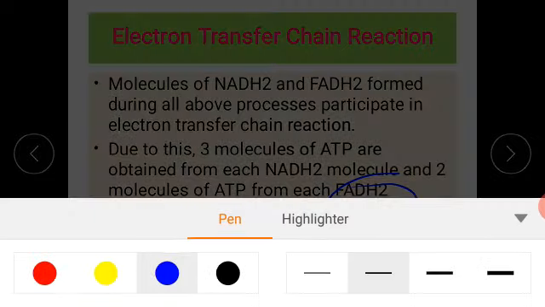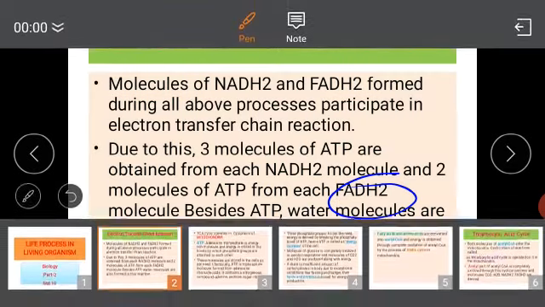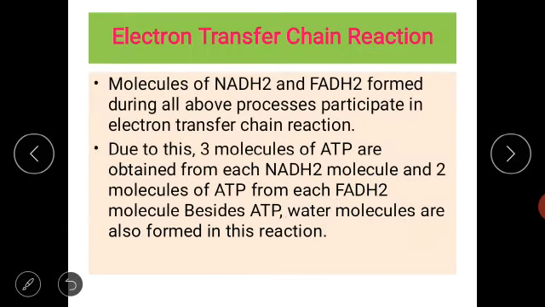Let me explain that. In the biochemical pathway, when NADH2 and FADH2 are involved and broken down, one molecule of NADH2 gives 3 molecules of ATP, and one molecule of FADH2 gives 2 ATP.